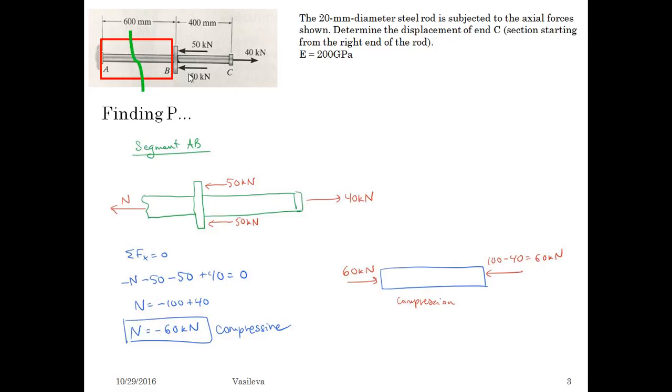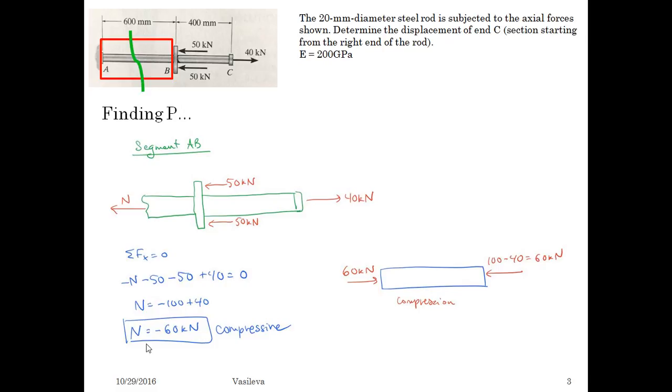I have known forces to the right, so I'm going to look at everything to the right. Pardon my left and right issues. I do the sum of the forces in the x direction. So I have negative n, because it's going in the negative x direction, minus 50 plus 40 equals 0. And I end up with n equals negative 60 kilonewtons.